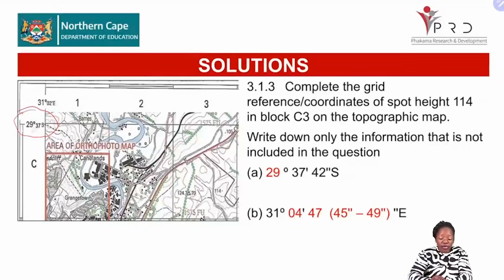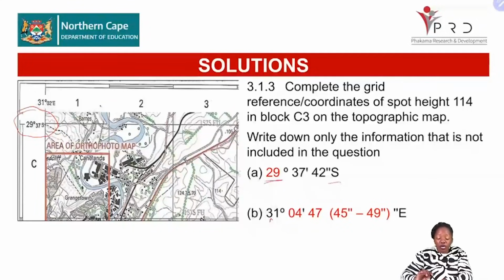Because we start with the south direction, it's this 29. Then at B, which is the east direction, the degrees also do not change, so it's 31 degrees for the east direction, which is this one.